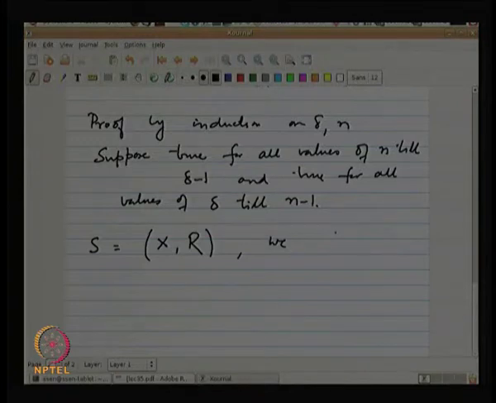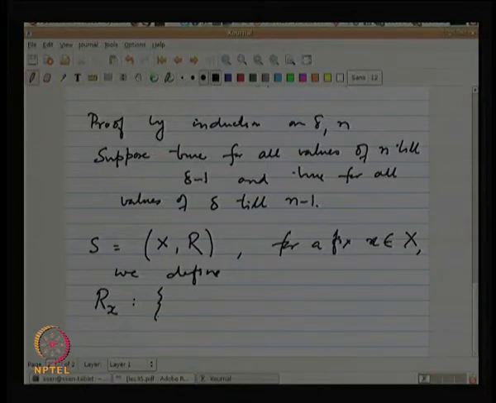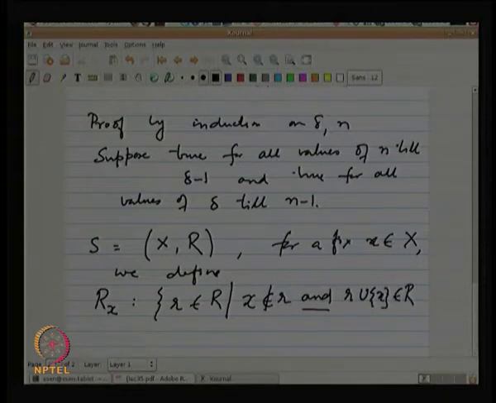For a fixed x, we define Rx, the ranges R such that x does not belong to R and R union x belongs to the range.